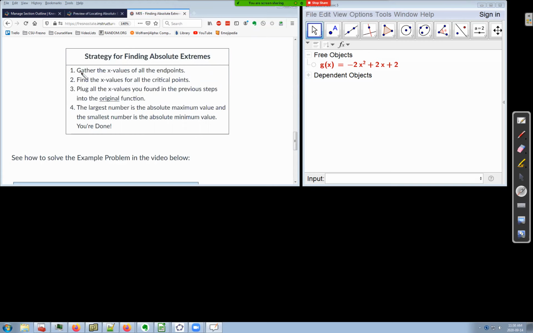So we're going to find all the endpoints, then find all of the critical points, and then plug all those values into the original function. Whichever number is the biggest will be the absolute maximum, and whichever number is the smallest is the absolute minimum. That is the procedure you can follow every time to solve a problem such as this one.